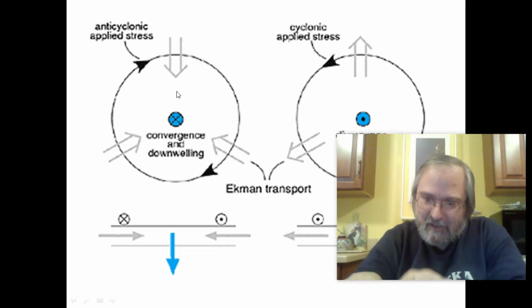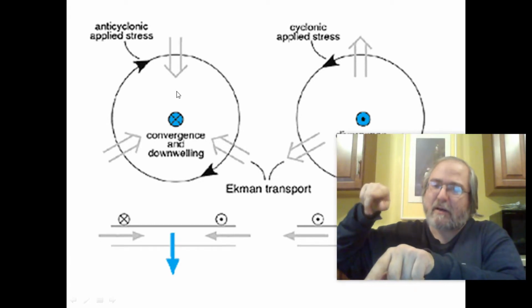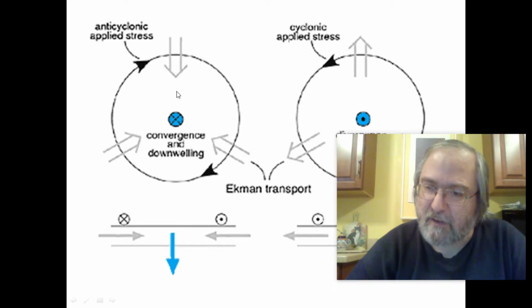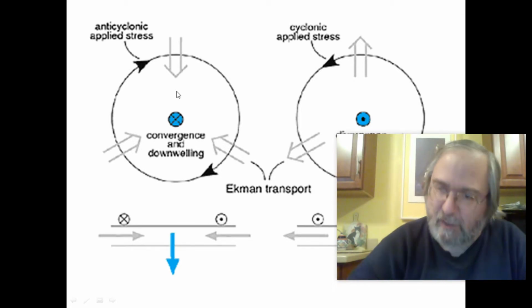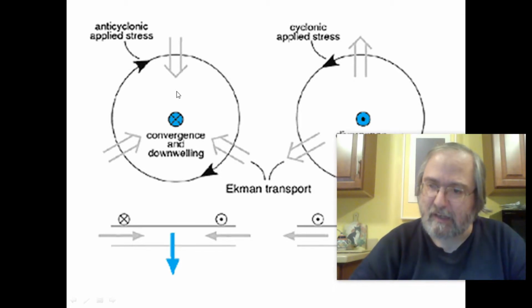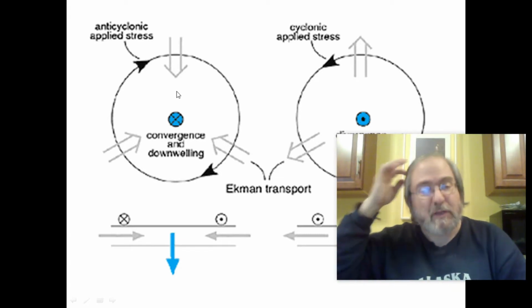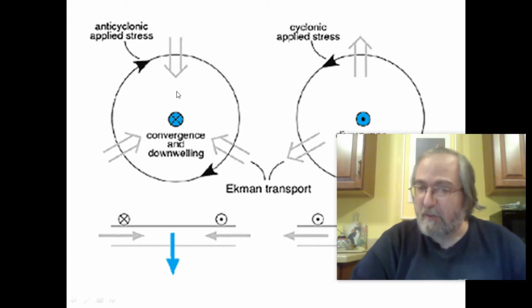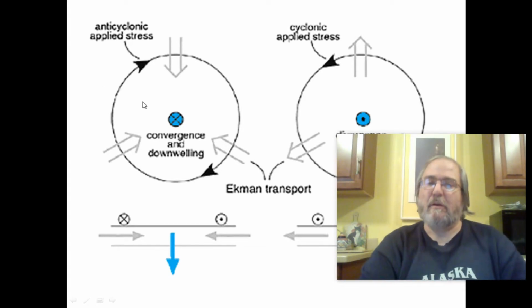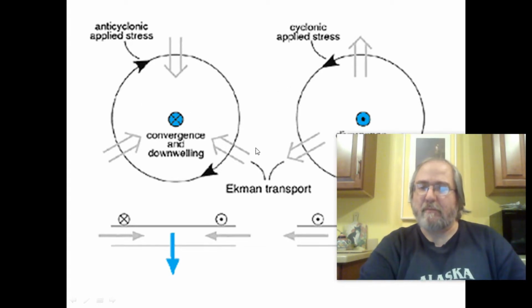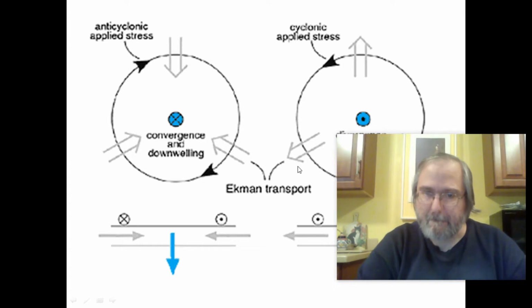Flip the switch, the machine rotates the other direction and the screw comes back out. That's an example of doing I cross J, giving you K into the wood, J cross I, giving you minus K out of the wood. So that's very important because that governs oceanic gyres. That governs it right there.